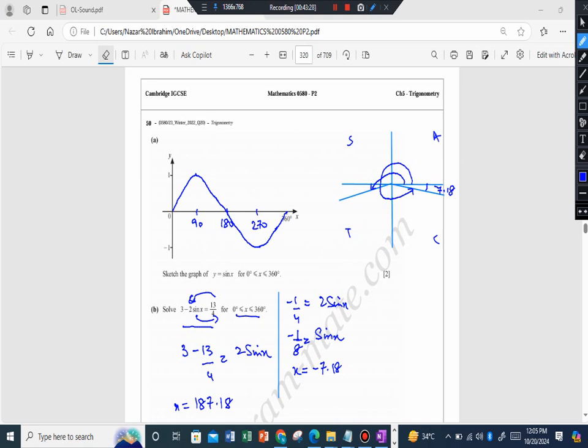So it is 352.82. So the second angle is 352.82. Clear? So both of these angles are lying between this range, right? Let's move further.